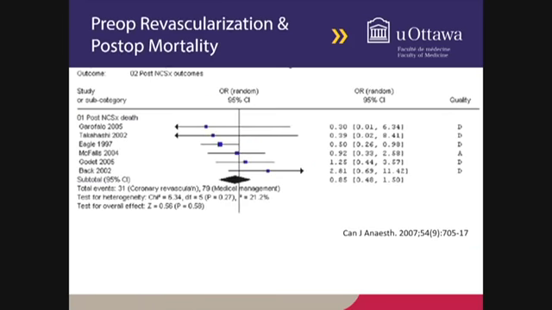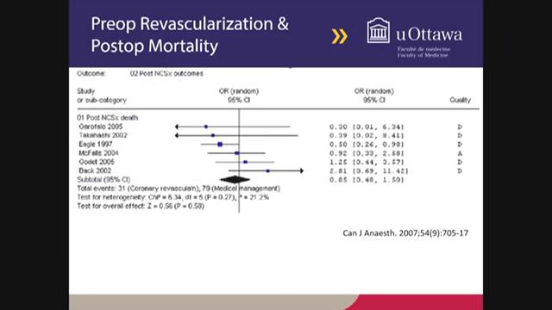One of the reasons is this plot. This was published in the Canadian Journal, but there are other studies similar to this. And what essentially David Wong found with the senior author is, when you do revascularization, does it affect post-op mortality? That means before a patient comes to surgery, you find coronary artery disease, and you say, okay, we go and do a revascularization, put in a stent, or we do a CABG as a procedure.